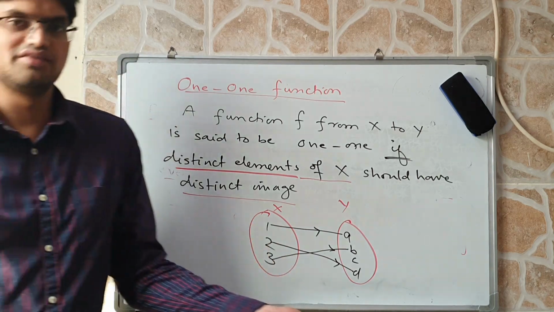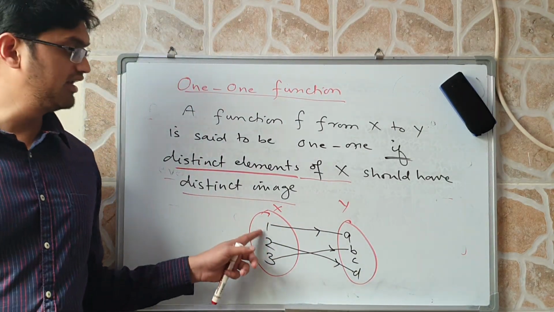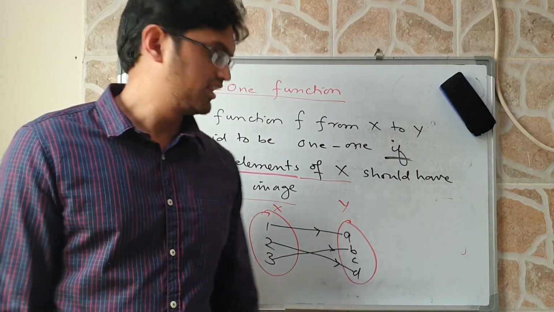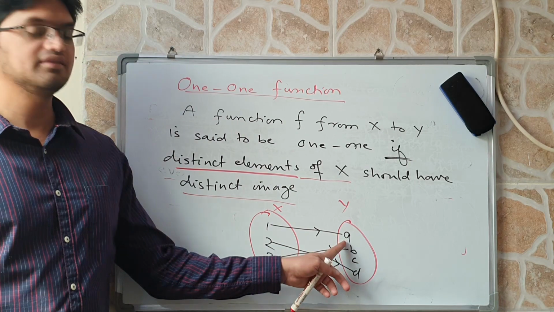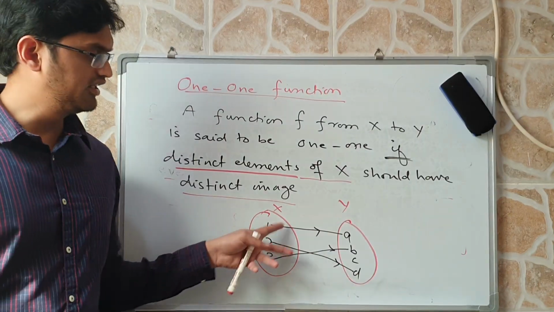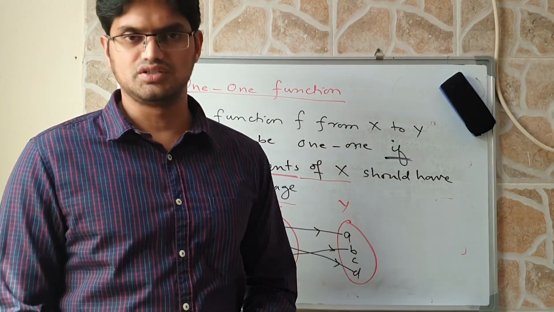Yes, of course they are different. When the elements are different, their images also should be different. What is the image of 1? A. What is the image of 2? D. This should not be the same. Then only it is a one-to-one association.